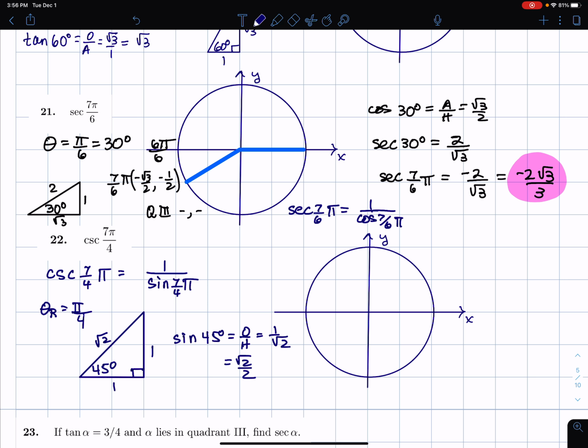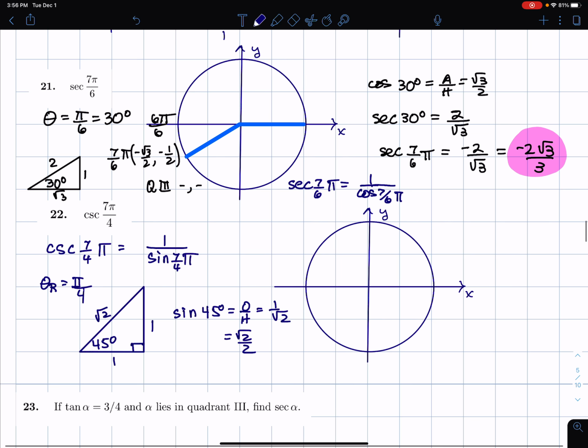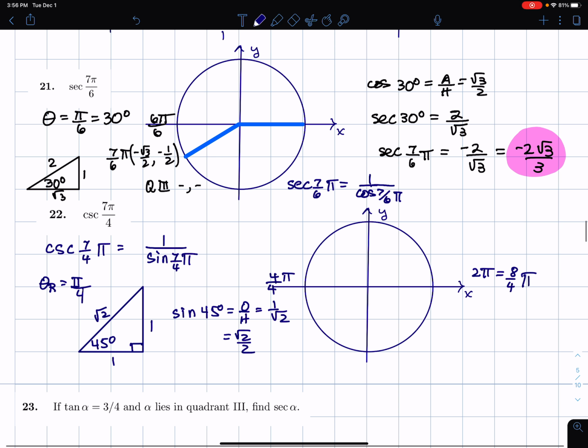Now, let's look at where that all lies. Here is 2 pi, which is the same thing as 8/4 in fourths. I'm always going to refer to the x-axis. So I have 7/4 pi. Is that closer to 4/4 or 8/4? It's closer to 8/4, and the reference angle is pi over 4, which I can draw here.